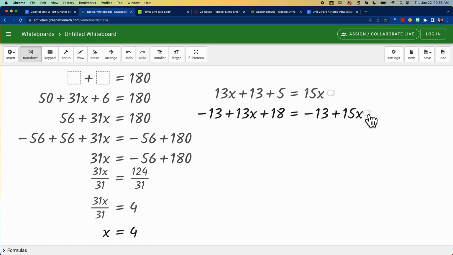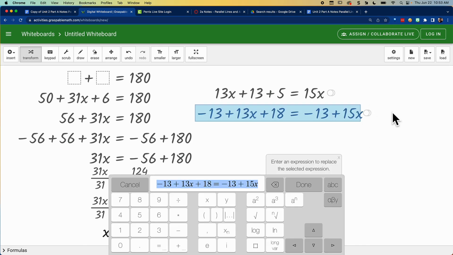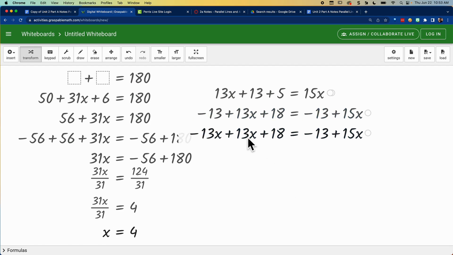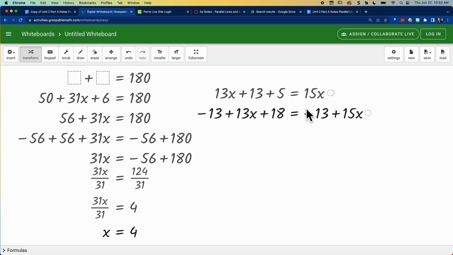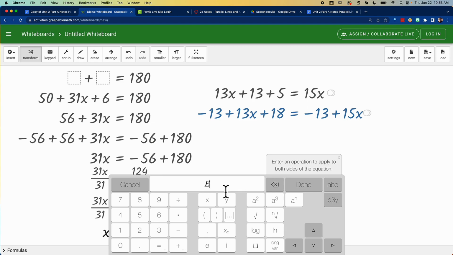Oops, let's change that, typo. A negative 13x to both sides. So that means I'm going to now get a 0 over there, but let's go back, and then let's try this again. I did something wrong to it.